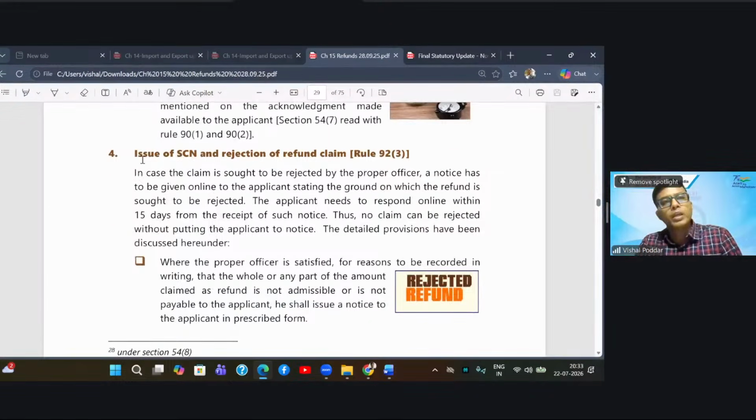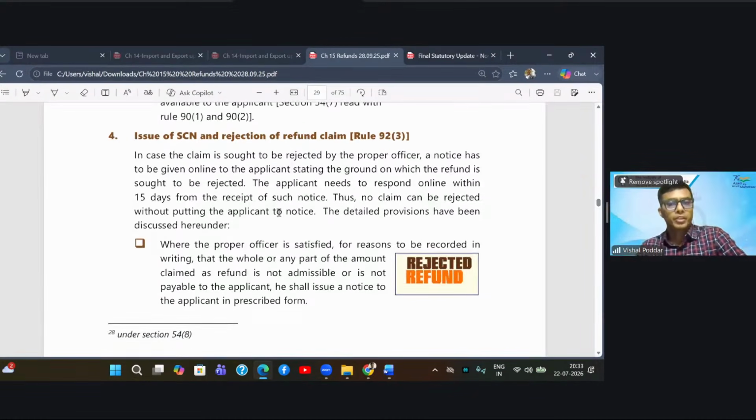Now, another possibility is issue of SCN and rejection of refund claim. So many times, instead of giving you a deficiency memo, the officer will issue you an SCN. In this SCN, the officer may raise various queries and may seek your clarification.